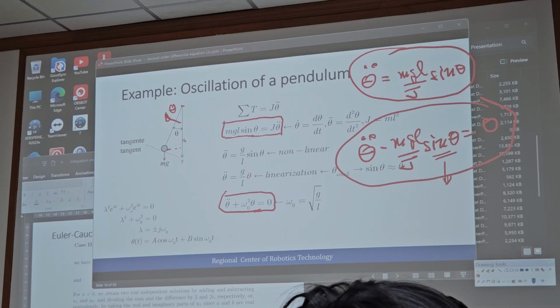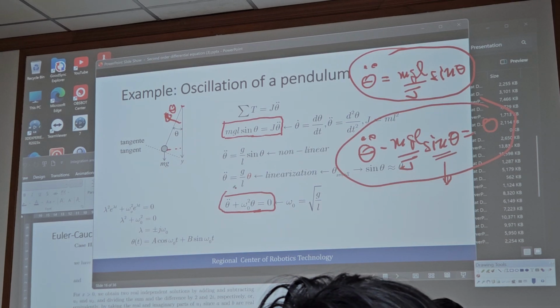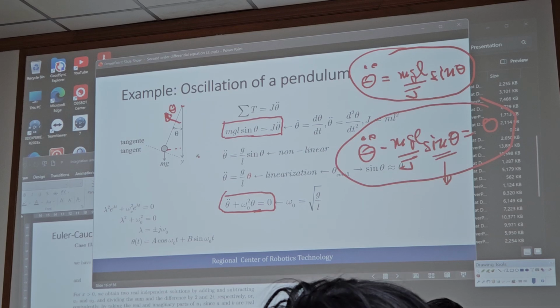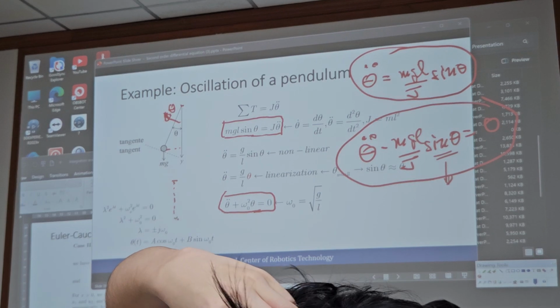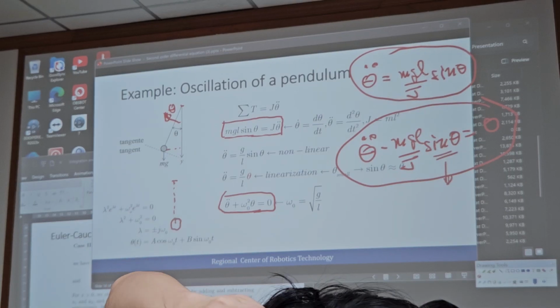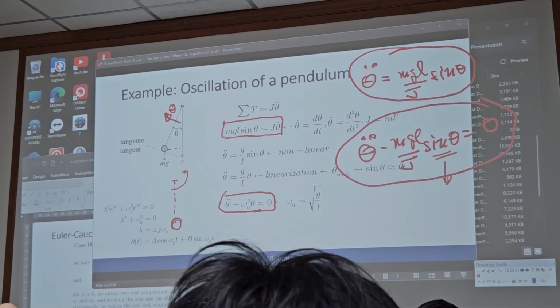But if I write it the other way, I say this theta is positive.